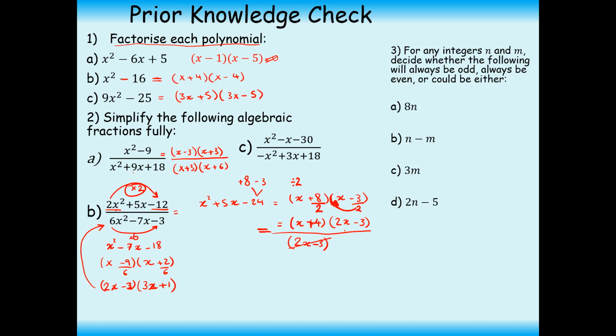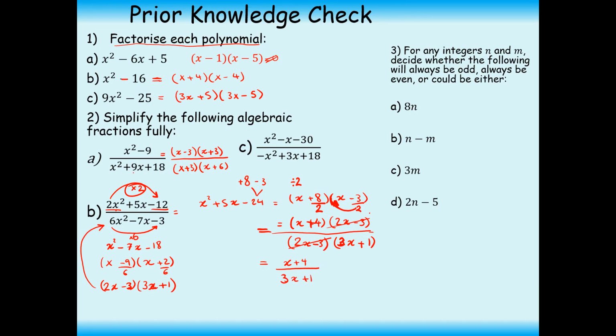We'll see that this 2x minus 3 is exactly the same as the one above, so they cancel. And we also have 2x, 3x plus 1 in the denominator. Therefore, the simplified fraction will be x plus 4 over 3x plus 1.